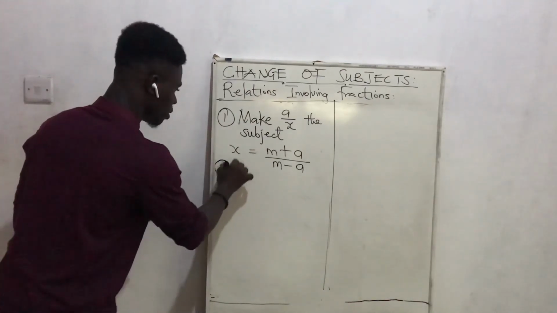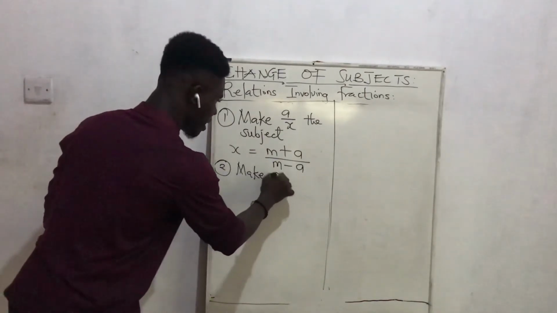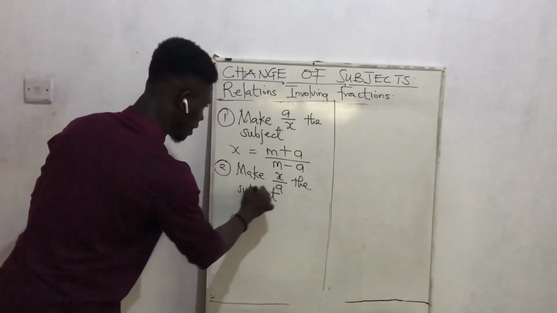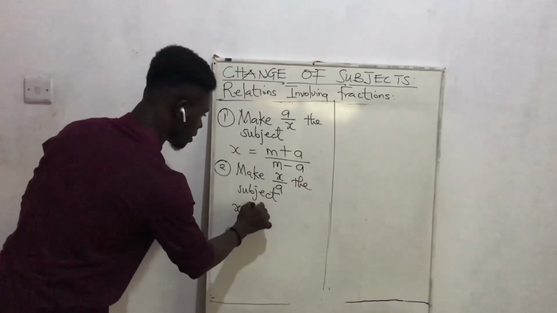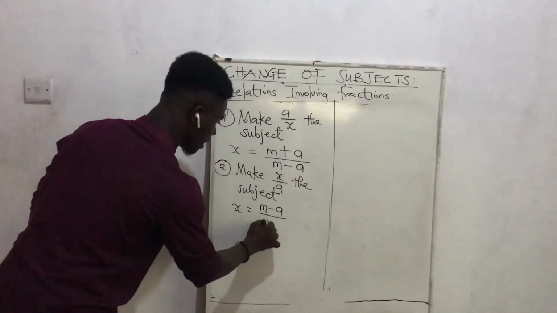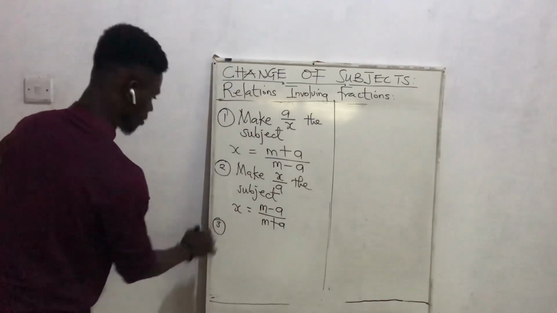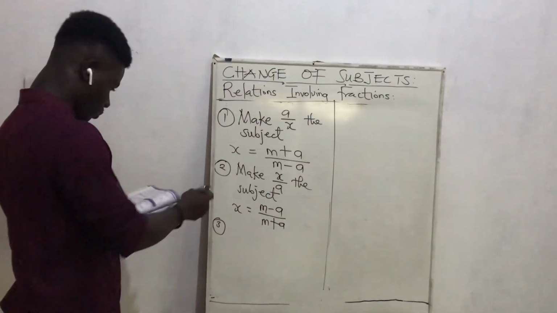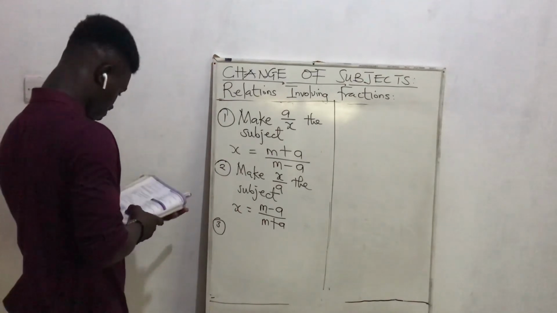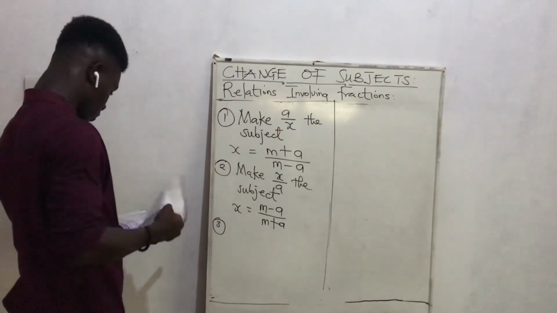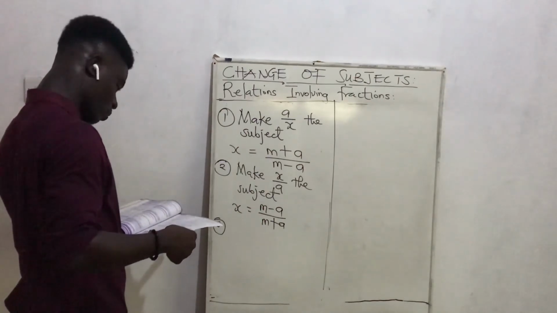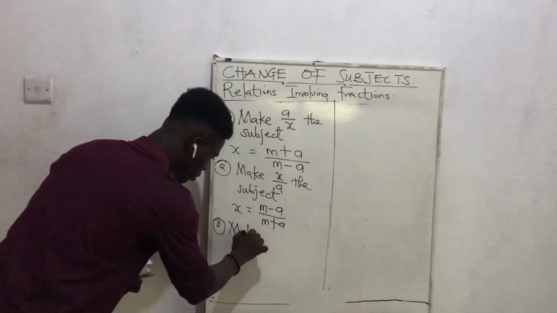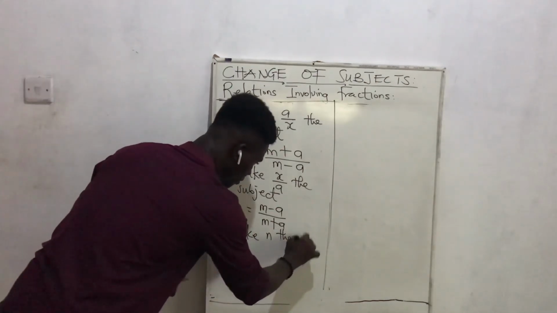Again, question 2. Make X on A the subject, which is X equals M minus E all over M plus E. Question 3.